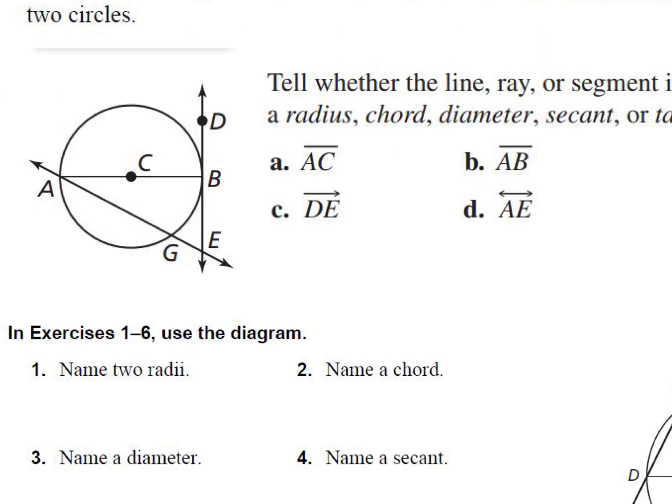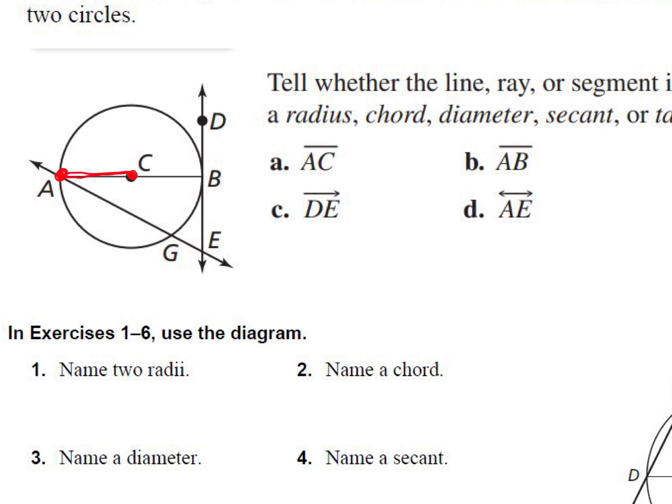All right, so let's answer these. Letter A, it says AC. What is that symbol on top of AC? What does that stand for? A segment. It's going all the way back to the beginning of the year when we learned lines, planes, and segments. So it's segment AC, meaning it has a beginning and an end at A and C. On my little drawing here, point A is right there and point C is right there.